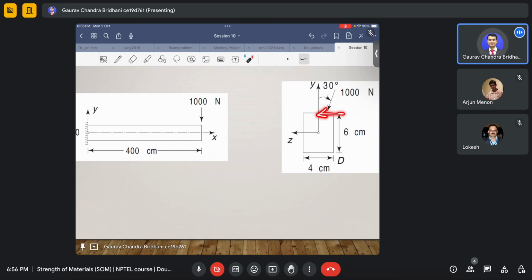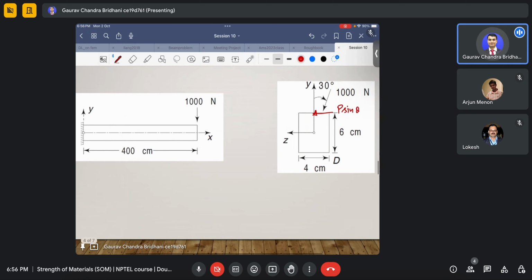Now what is remaining? The horizontal component. This horizontal component of the load, which is P sin theta, will cause hogging again. It will make the beam bend about this axis.